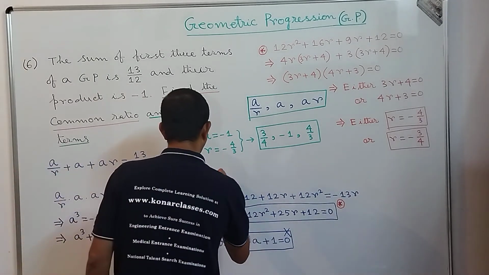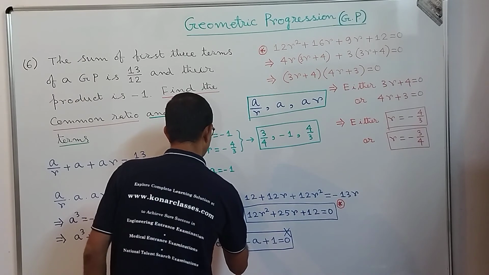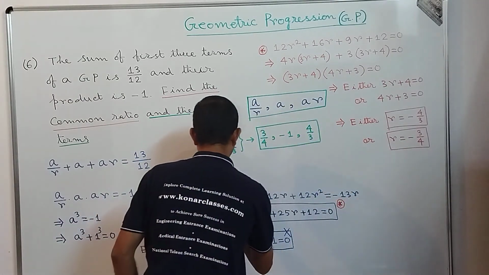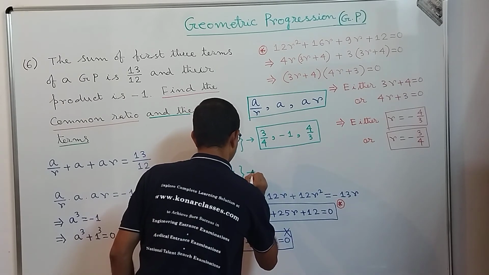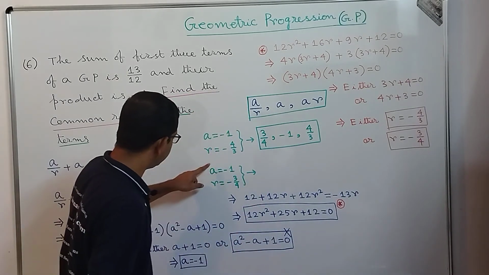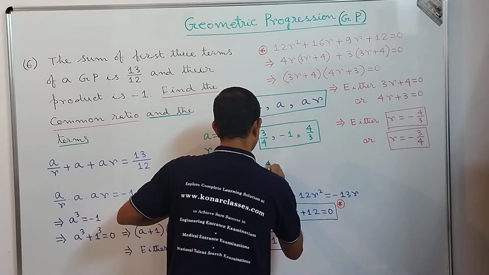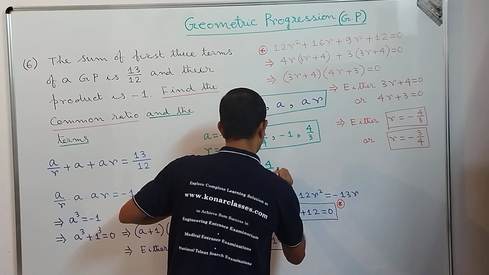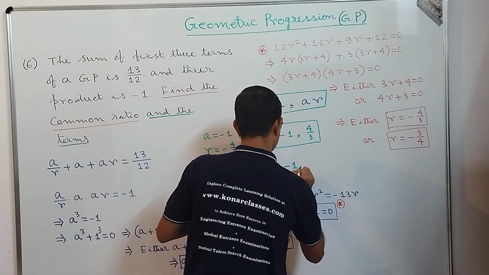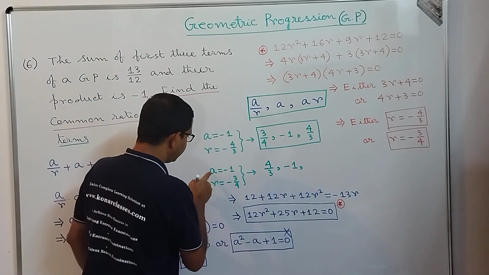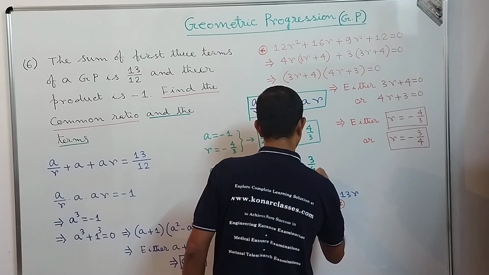And if we take a equal to minus 1 and r equal to minus 3 by 4, what terms do we get? a by r is minus 1 by minus 3 by 4, that means 4 by 3. Comma a, that is minus 1, comma ar, that is minus 1 into minus 3 by 4, that is equal to 3 by 4.